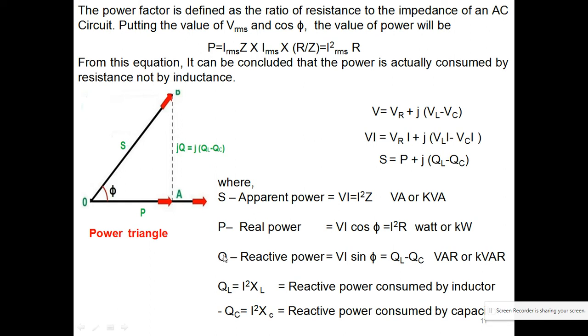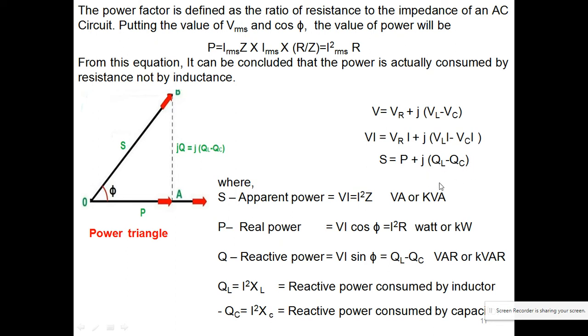Here we have two terms because L and C both are in the circuit. That's why it is not equal to QL or QC, but it is equal to QL minus QC when VL is greater than VC, and if VC is greater than VL, then the condition is QC minus QL.